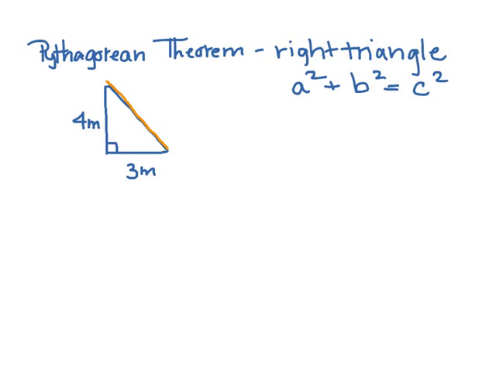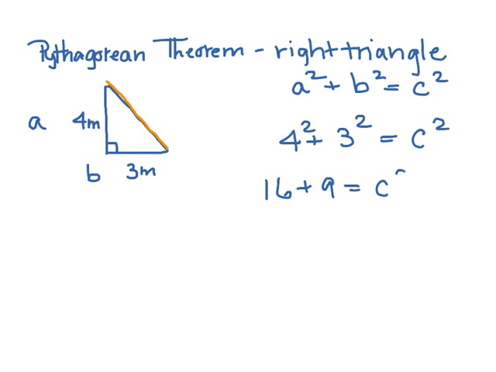So the relationship, this is like my A, this is like my B, so I can say 4 squared plus 3 squared equals C squared. So that gives me 16, 4 squared is 16, plus 9 equals C squared, or 25 equals C squared.